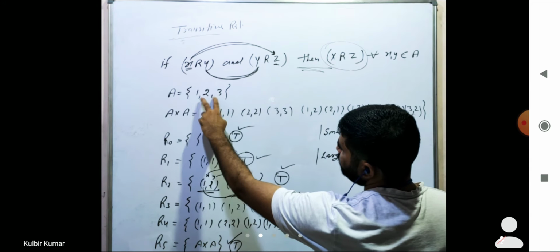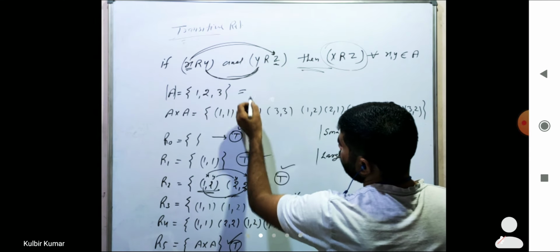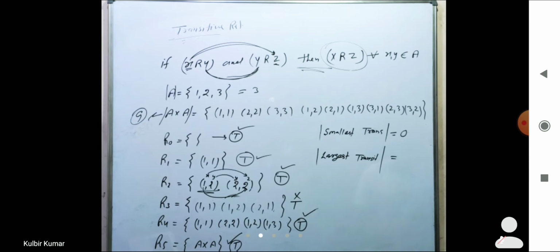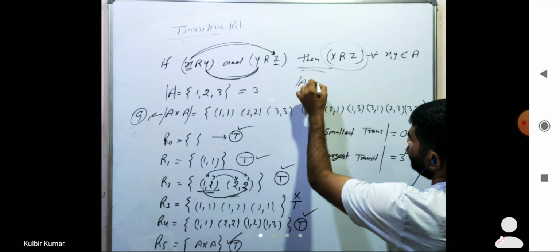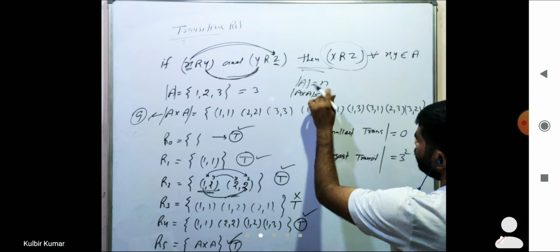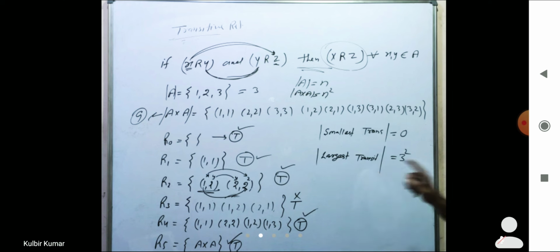Because cardinality of A is 3. अगर इसकी cardinality 3 है तो A cross A की cardinality 9 होगी, तो इसका मतलब लार्जेस्ट 9. 9 इज नथिंग बट 3 स्क्वायर. ठीक है. अगर जनरलाइज किया जाए, if cardinality of A equals n, then cardinality of A cross A is n square. So finally we can say the largest transitive relation has cardinality n square.